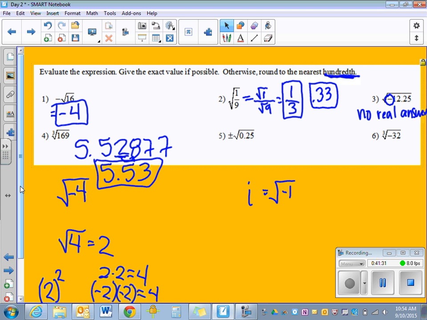Plus or minus the square root of 0.25. Anybody want to offer up that answer for us? Ivania, what'd you get for this one?